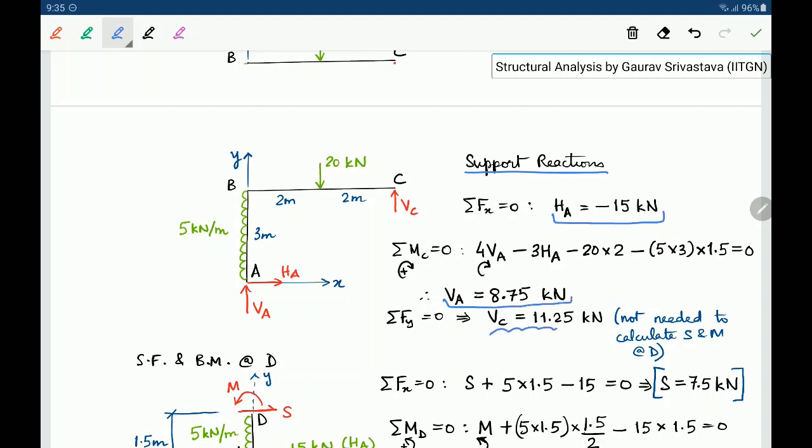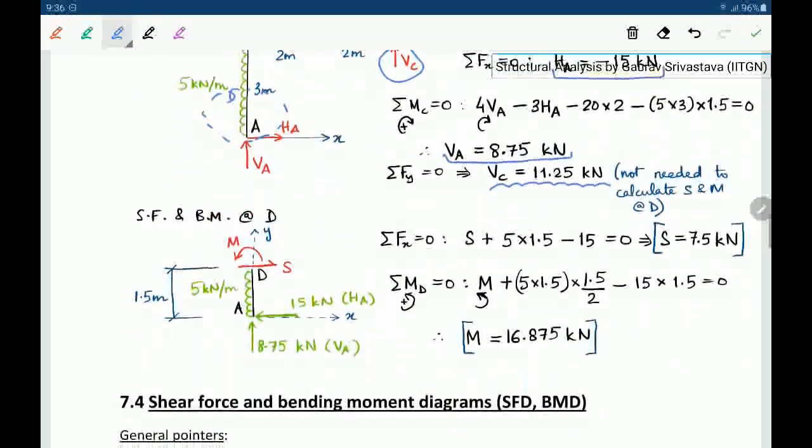Although we have found VC here, if we are only interested in the shear force and bending moment at D, we really need not worry about VC, because we can consider the lower span AD and calculate the shear force and bending moment.